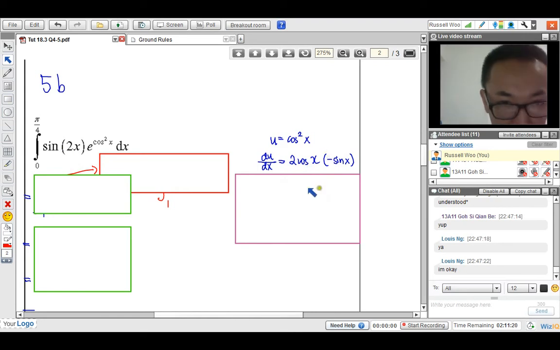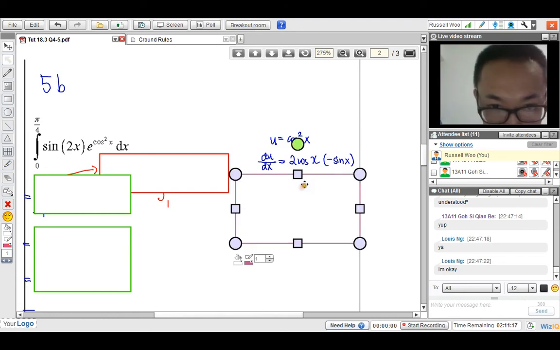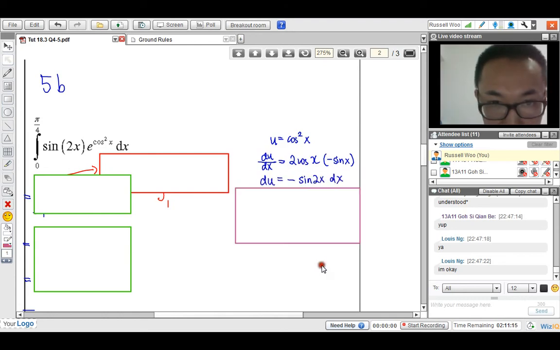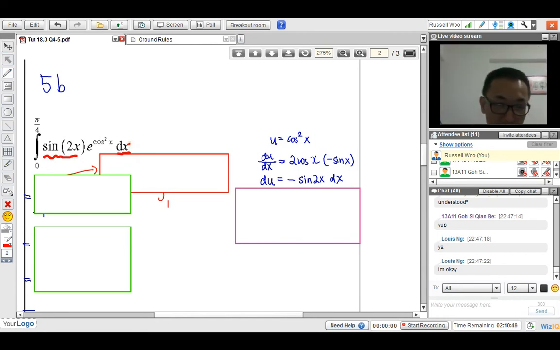We should be able to see now that I can change this 2 sine x cosine x to sine 2x. Use the double angle formula with a negative, of course. So that if you take a look, I have a sine 2x dx. I have a sine 2x dx here.